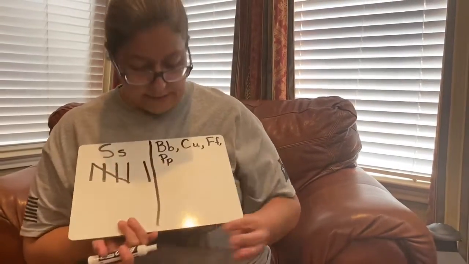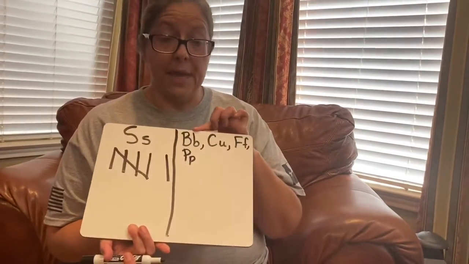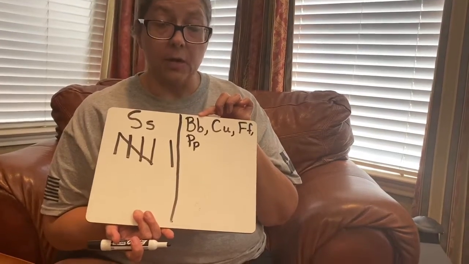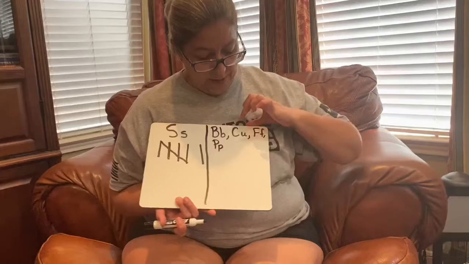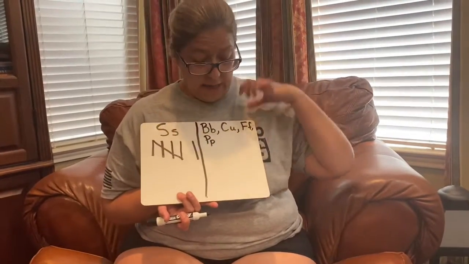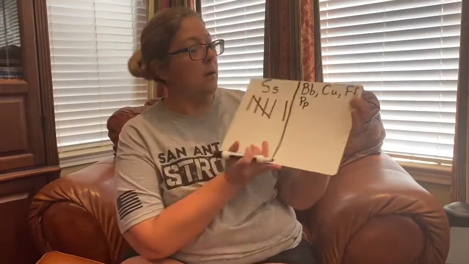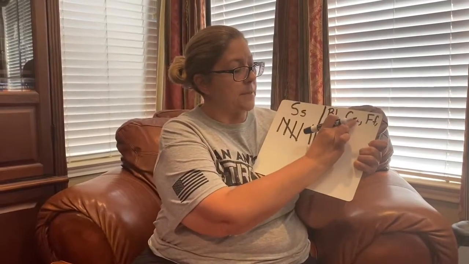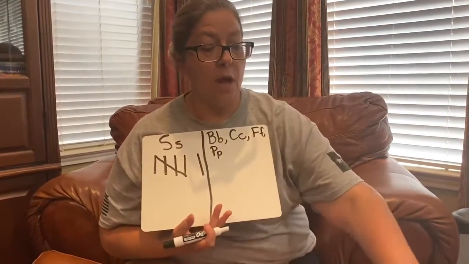And then if you notice up here, we have the B, uppercase and lowercase for the ball. We have C, uppercase. Uh-oh, I made a mistake. Let me fix that. And lowercase C for cup.